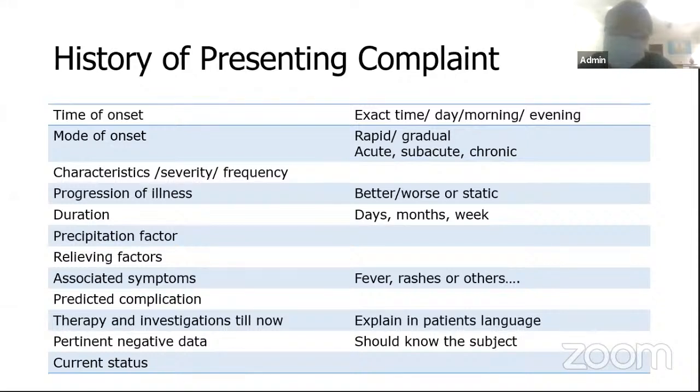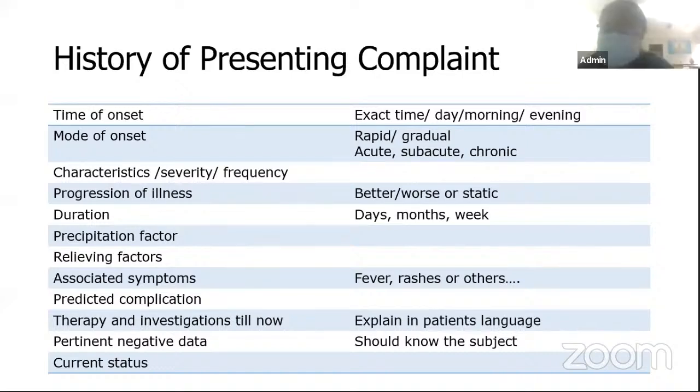You can predict the complication by just asking the patient. Like if you know the patient is having edema and protein in urine, you will know that the patient is having nephrotic syndrome. If you know about nephrotic syndrome, then only will you know that the predicted complications are acute kidney injury, cerebral venous sinus thrombosis, or spontaneous bacterial peritonitis.